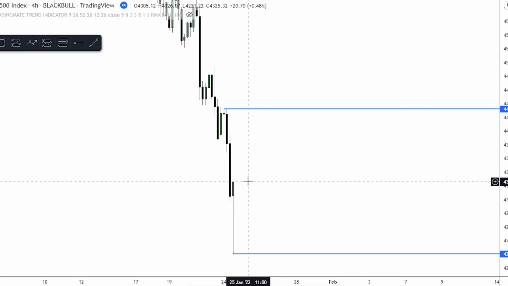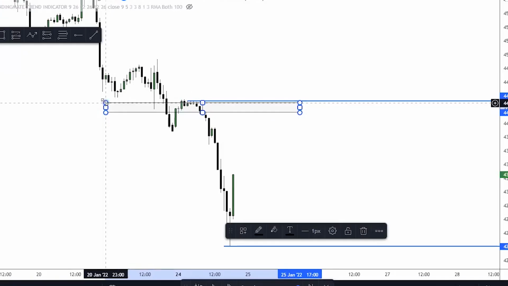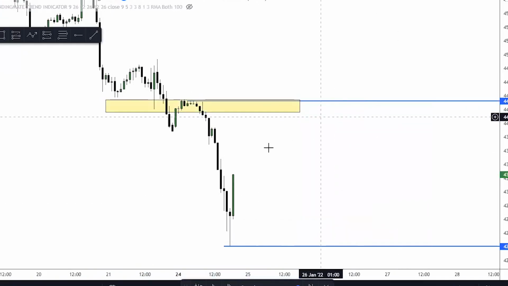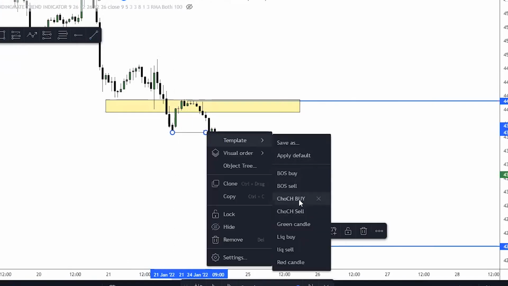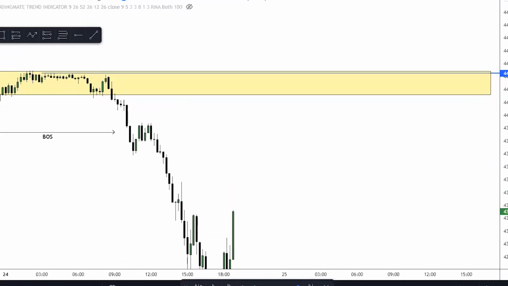Okay, so simple. You get the structures, you move back to 1 hour. You identify the key level, which is around this area right here. And you move back to the clear break of structure as well. And then we move back to the 15-minute time frame to identify a POI.